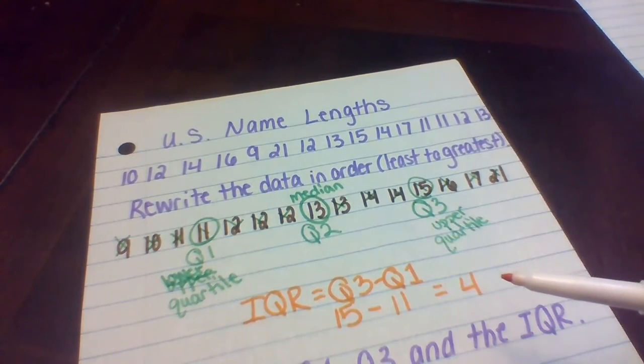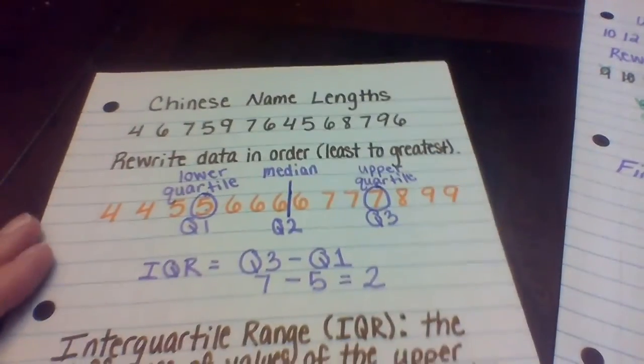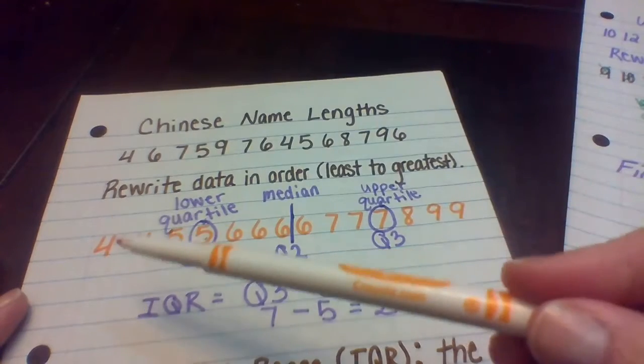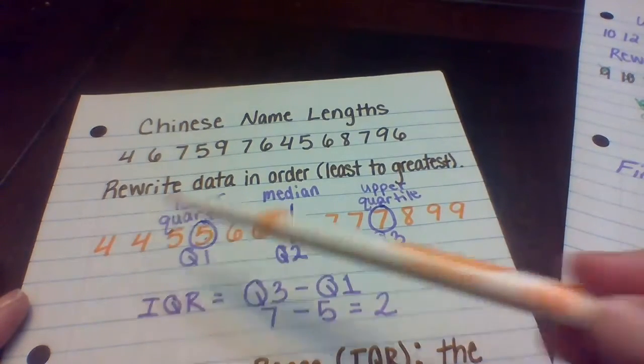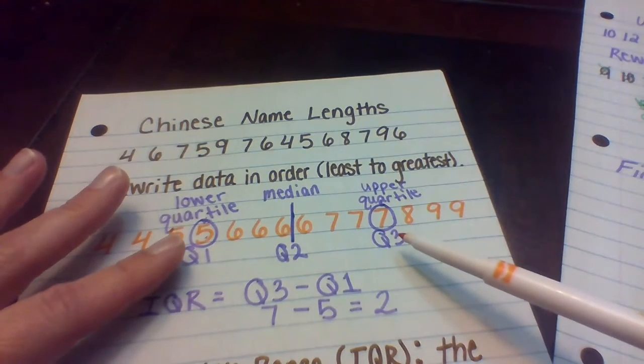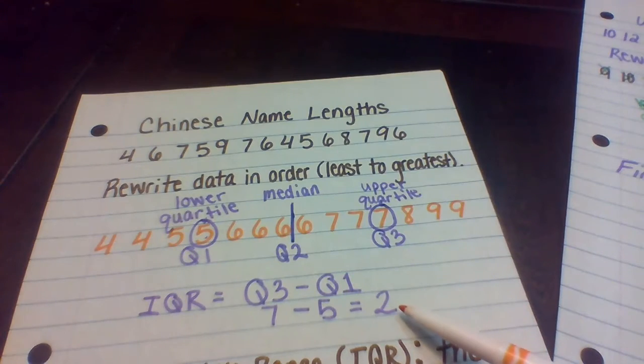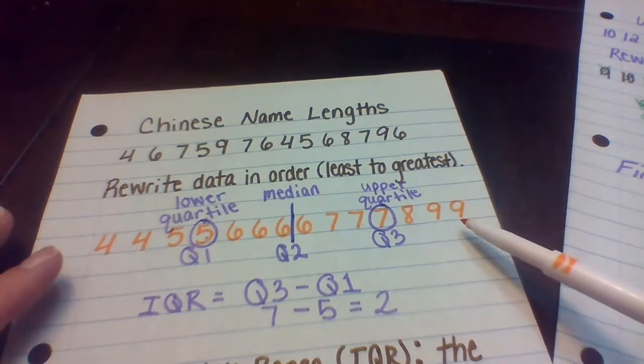So this should make sense, guys and girls, because when we talked about the Chinese name lengths, the Chinese name lengths only varied from 4 letters in a name to 9 letters in a name. And then if we look at the quartiles, they range from 5 to 7. So that's only a difference of 2. The Chinese name lengths are shorter.